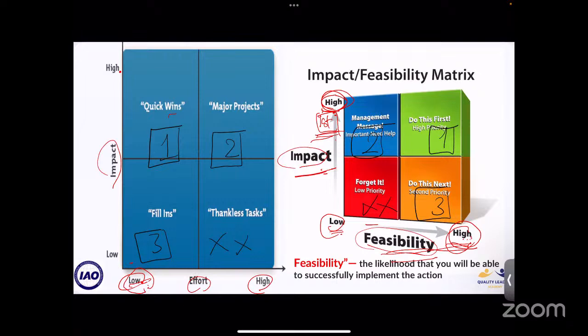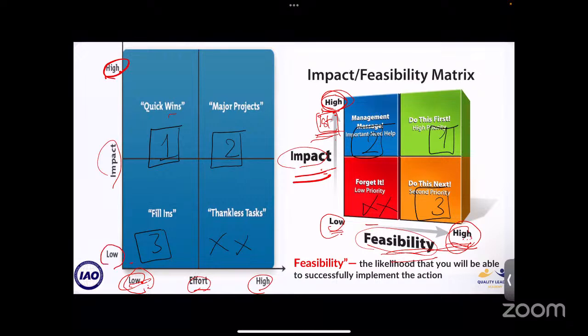If the matrix compares the impact versus the effort, first you choose the high impact and low effort.